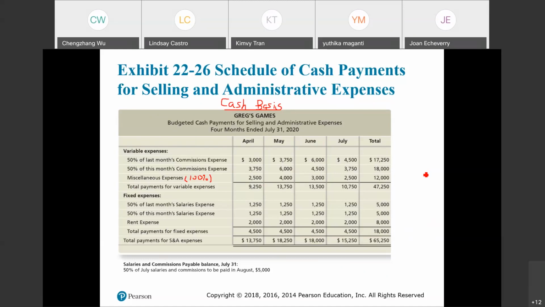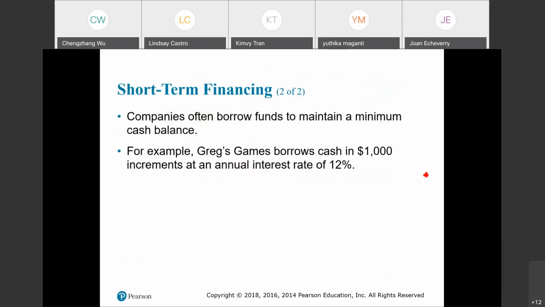Well, let's continue. Short-term financing. Let's assume this company requires a minimum cash balance of 10,000 at the end of each month. The store can borrow the cash in 1,000 increments at an annual interest rate of 12%.